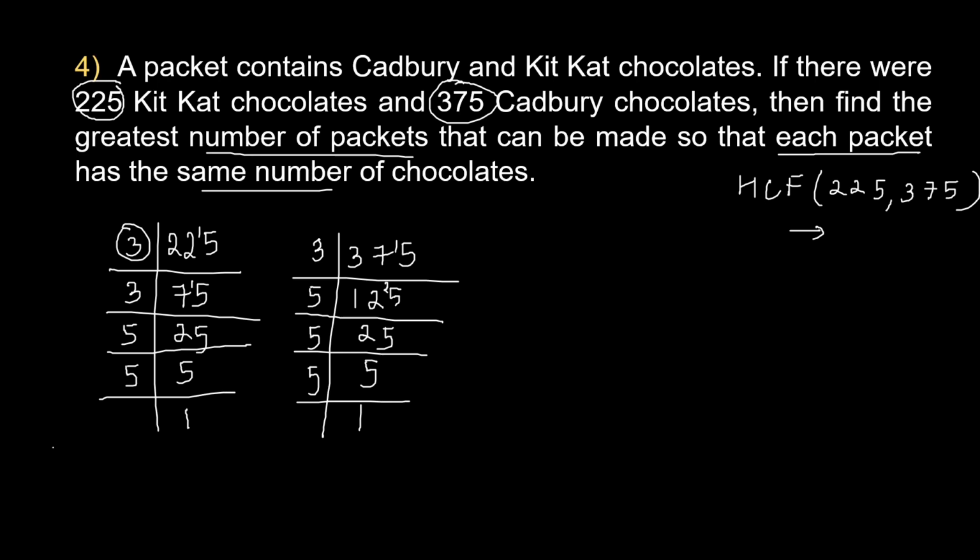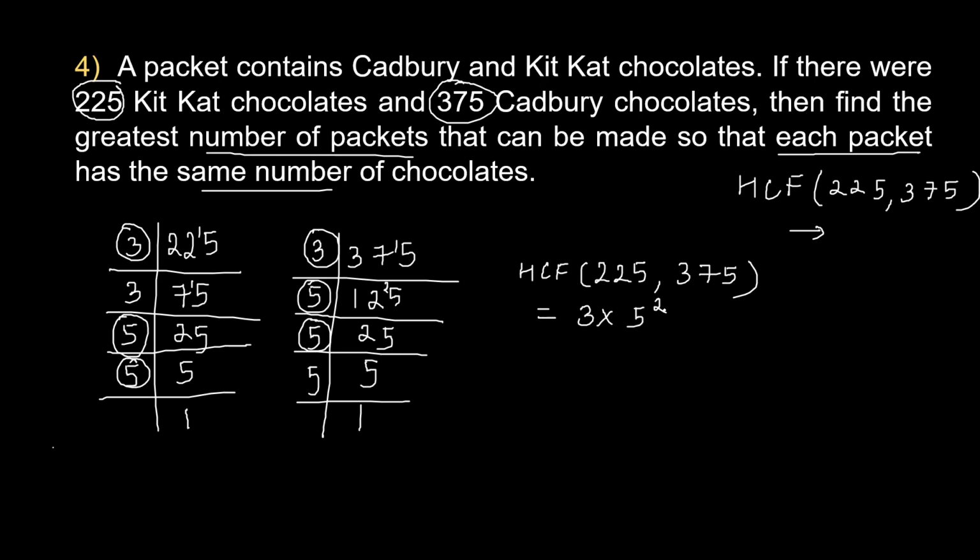So 3 is common, 5 is common, and 5 is common. So that means our HCF of 225 and 375 is 3 into 5 square. So these are common factors. So 3 into 5 square is 25 into 3.